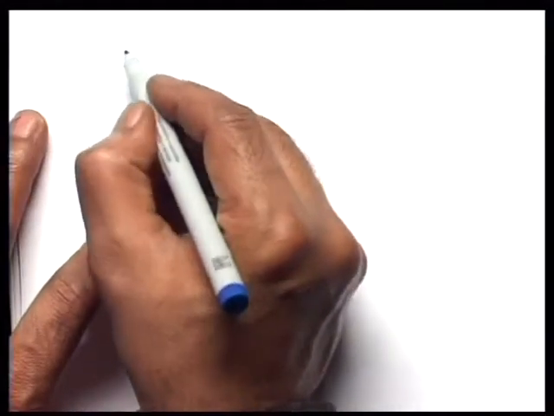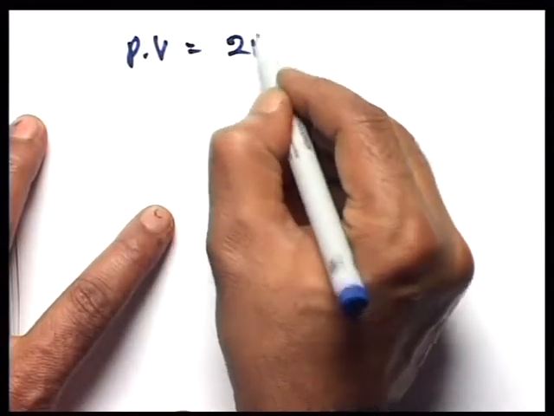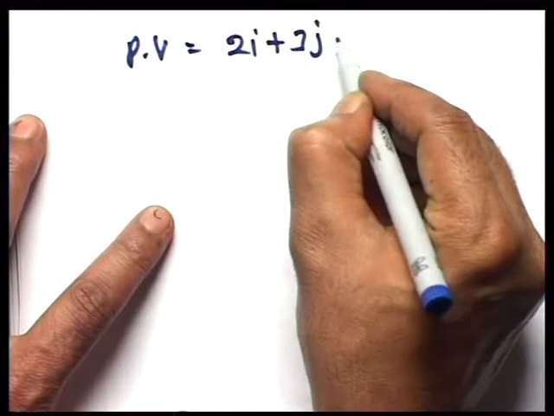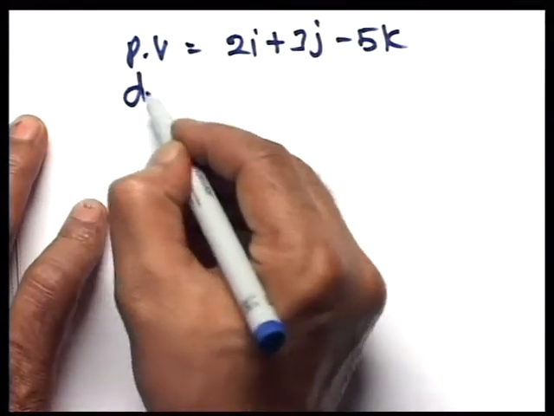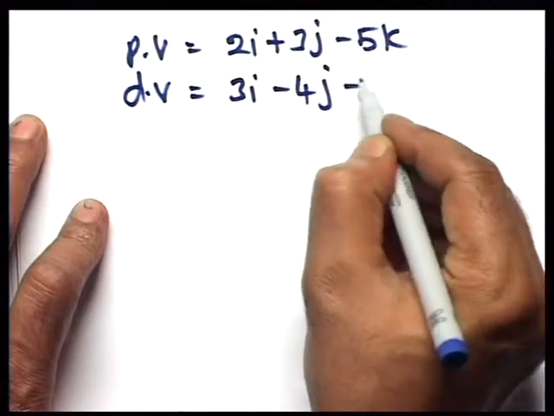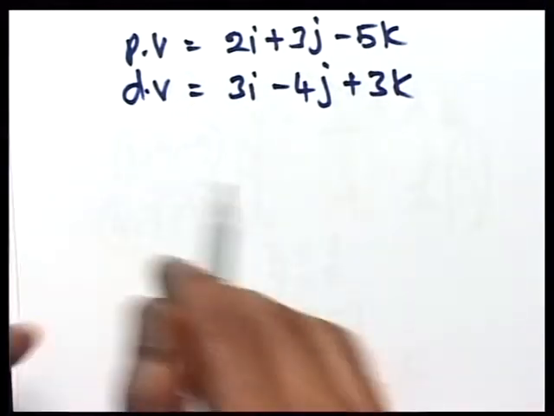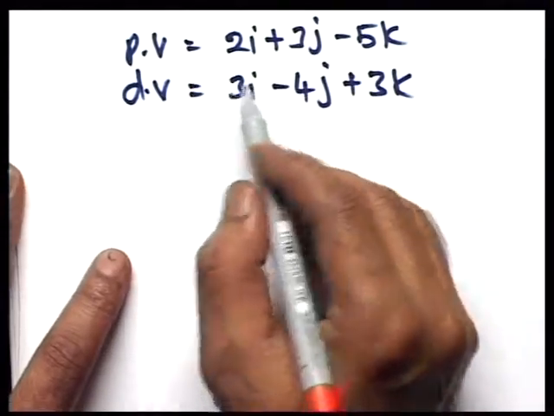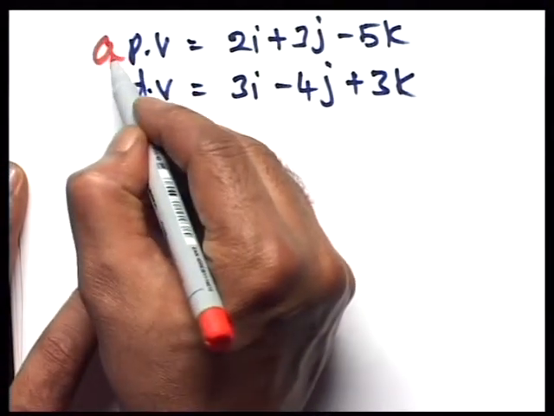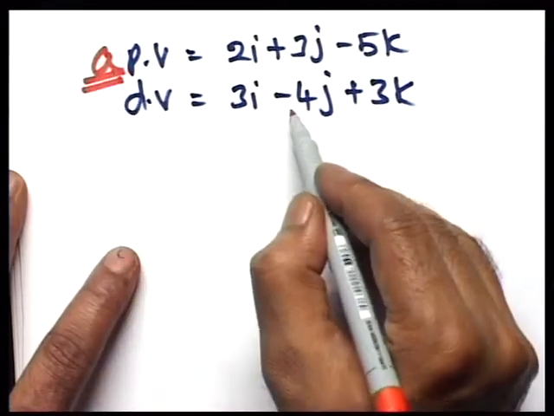We have position vector given to me as 2i plus 3j minus 5k. Direction vector is given to me as 3i minus 4j plus say 3k. Done. They want us to write the equation of a straight line passing through the point A, which has a position vector A and is parallel to this.